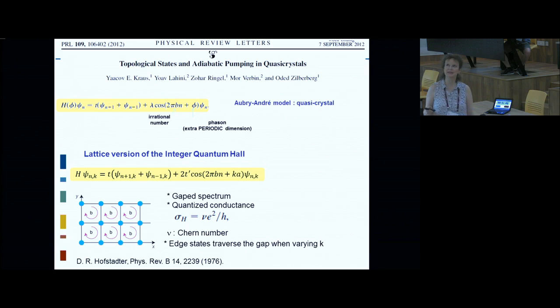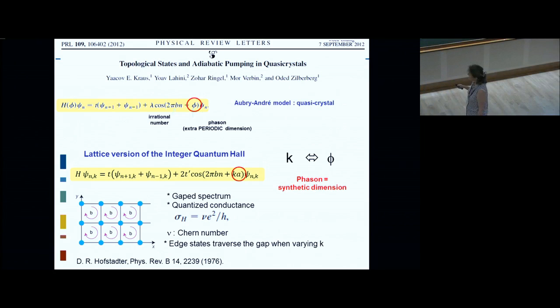They realized that there is actually a connection between k in the 2D lattice and phi. The fact that these two models are the same shows that this quasi-crystal is going to have the same kind of properties as the quantum Hall effect, which means spectral gaps and Chern numbers connected to the band structure.